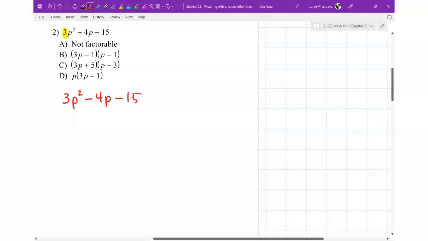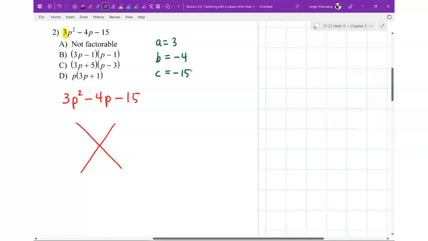Okay? Now, I'm going to have to use the X method. This is a trinomial, right? 3-term polynomial. So trinomial. And we're going to factor it. So we'll use the X method. Remember, your ABCs, if you want to list them, your A is 3, your B is negative 4, and your C is negative 15. Okay? You don't have to list them.